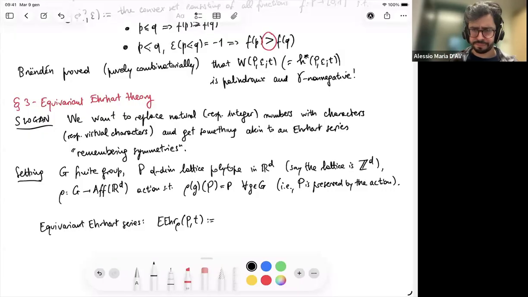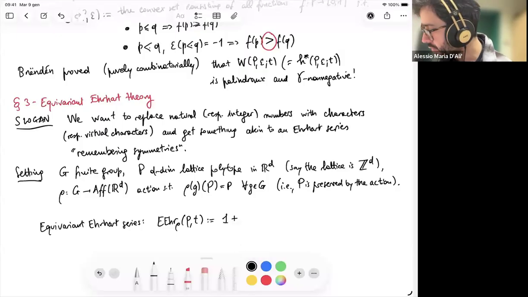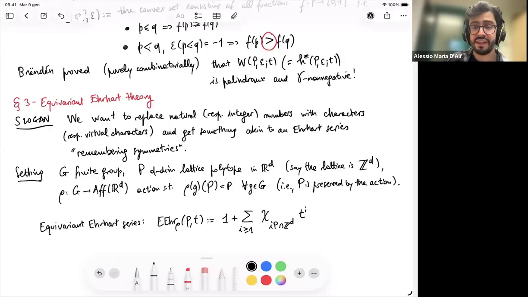Even if I embed my polytope one dimension higher and do the usual slicing that happens with Ehrhart counting, then whenever I apply an element of G, since the polytope is preserved, the lattice points just get shuffled around, which means that instead of just counting, I'm going to consider this thing.